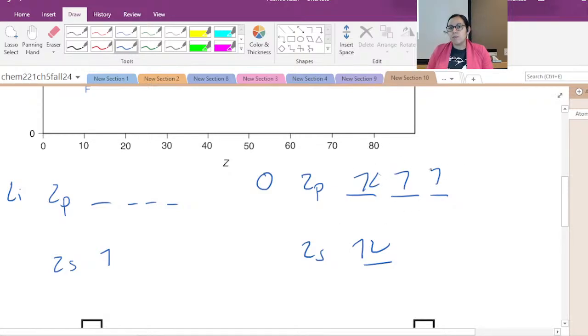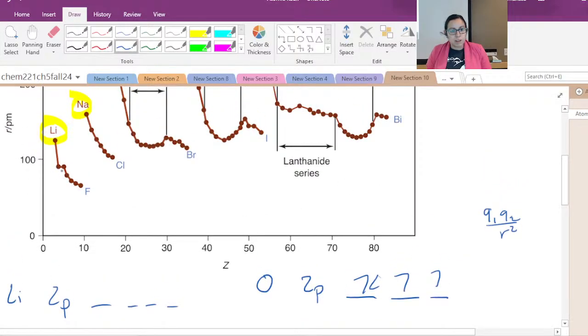We essentially have more negative charge at the same radius distance, and from that rough formula of charge 1 times charge 2 over r squared with whatever coefficient, roughly, if we're having more charge, then that's going to have a greater attractive force, which decreases our radius.